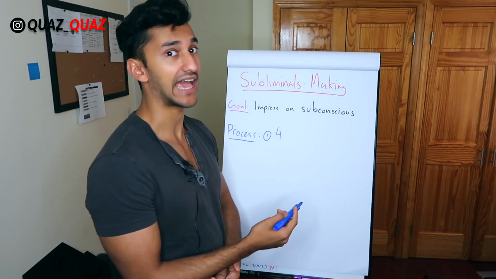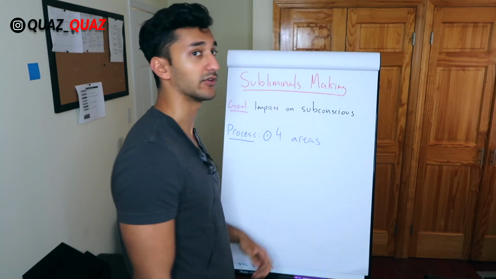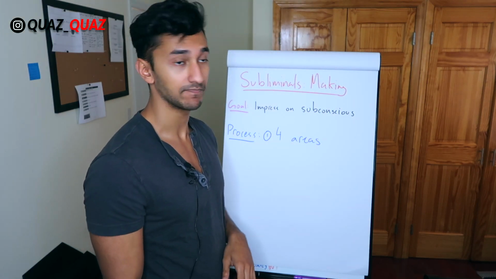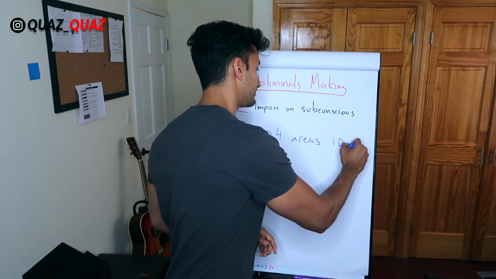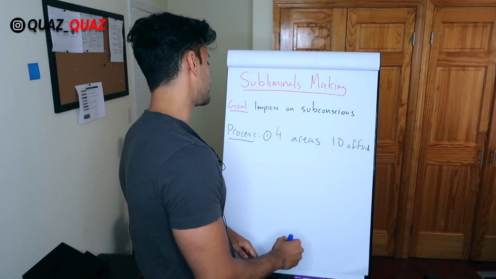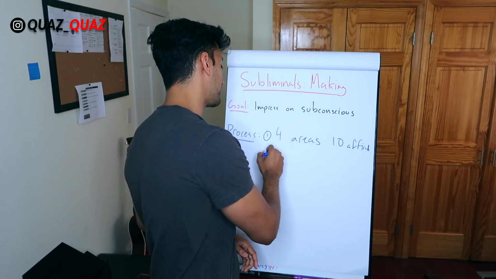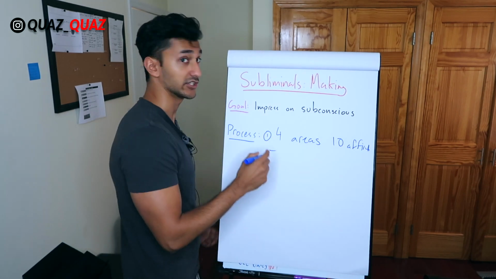What you want to do is have 4 areas of your life that you write down affirmations in, for a total of 10 affirmations.